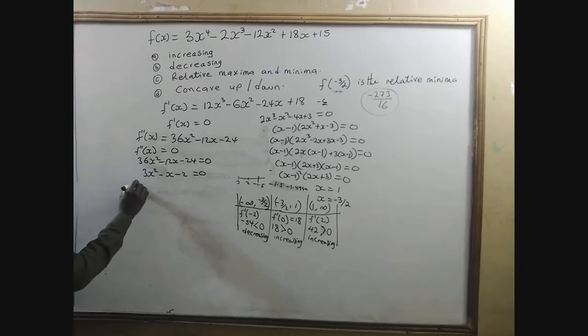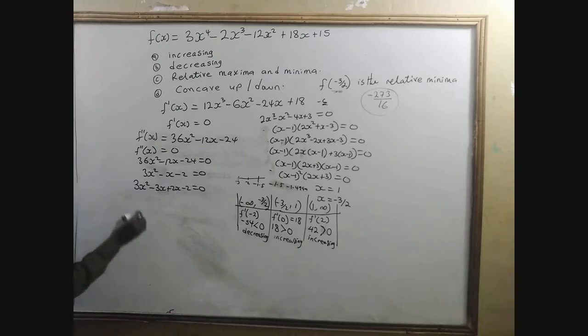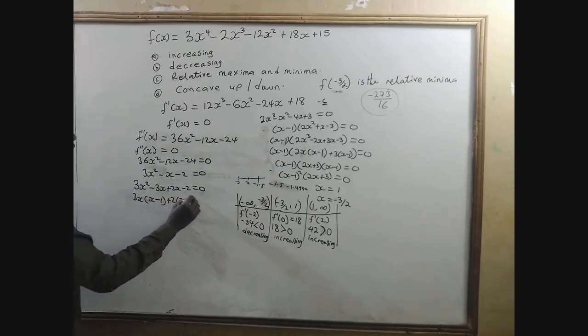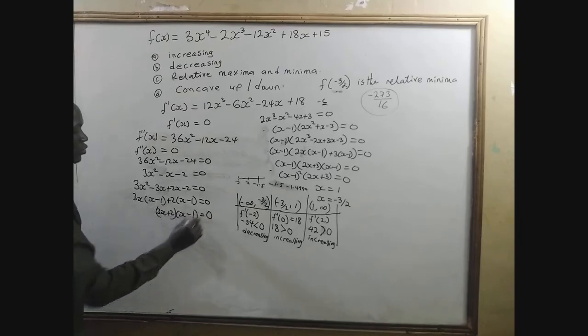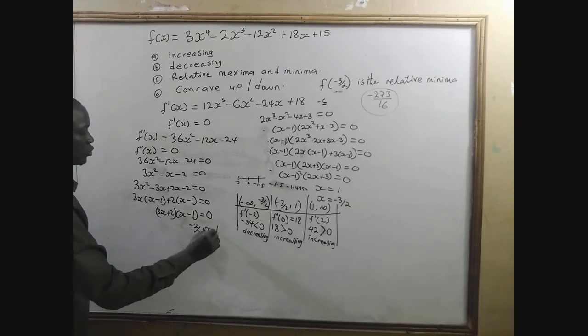We have 3x squared minus 3x plus 2x minus 2 equals 0. So we have 3x into brackets x minus 1 plus 2 into brackets x minus 1 equal to 0. We have 3x plus 2 times x minus 1 equal to 0. This will give us negative 2 on 3 or positive 1.